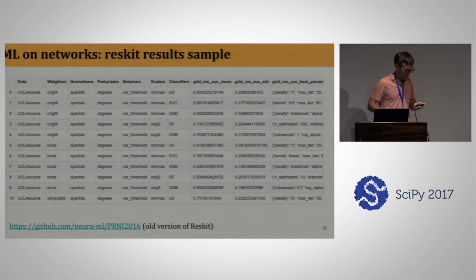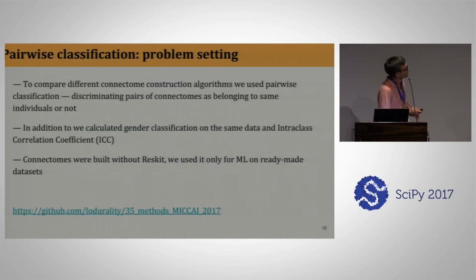Another application we did, and it was a much more challenging problem in terms of number of calculations, was to compare different brain network constructing algorithms. And we used for this a thing we call pairwise classification. Basically we try to discriminate pairs of connectomes either belonging to the same individuals or not.